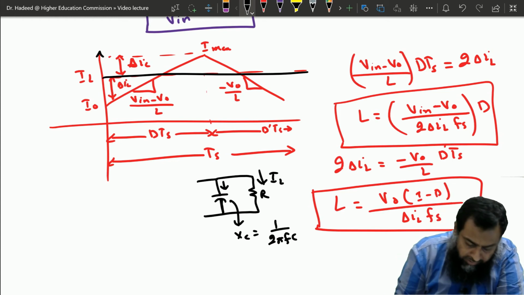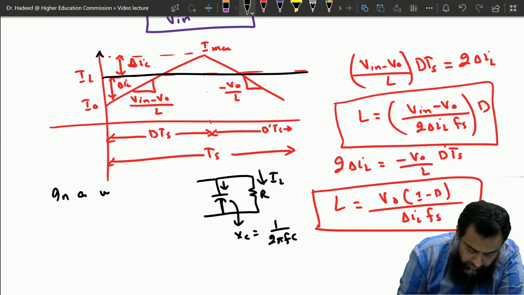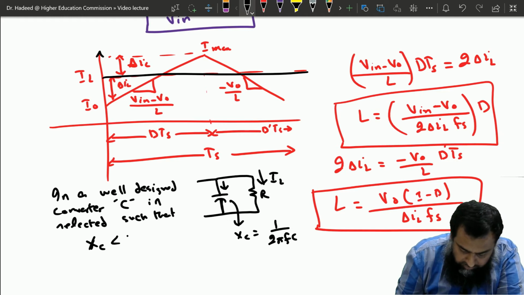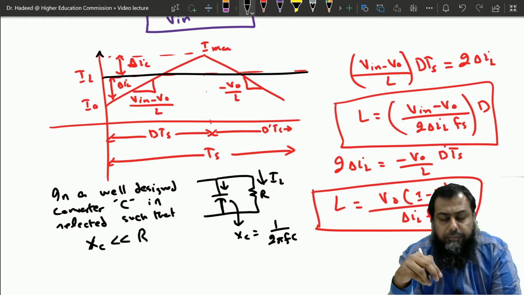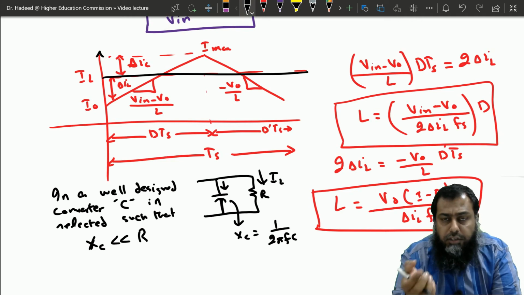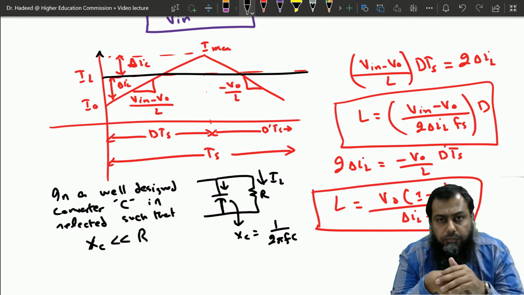So in a well designed converter, C is selected such that XC is smaller than the resistance R, so that it absorbs the maximum of the AC component which is generated because of the switching of the switches S1 and S2.